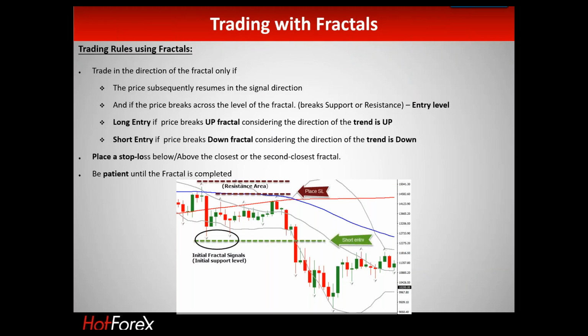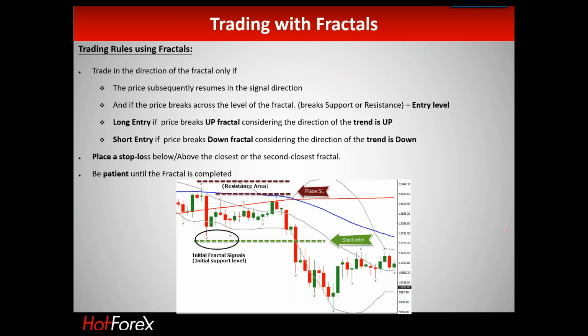So far we have seen the advantages and disadvantages. We have already seen the way of setting resistance and support levels. However, in this slide, we're going to see again how you could actually use them for entering the market.